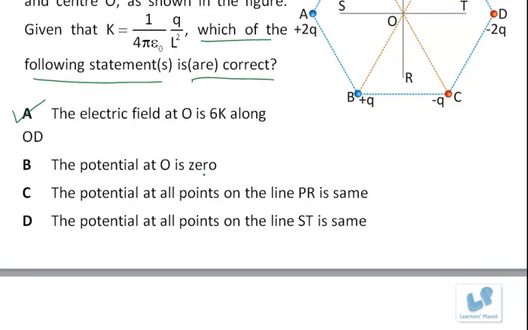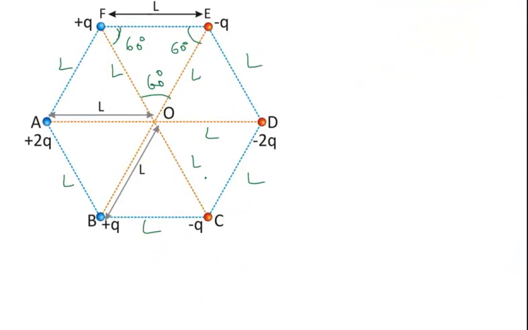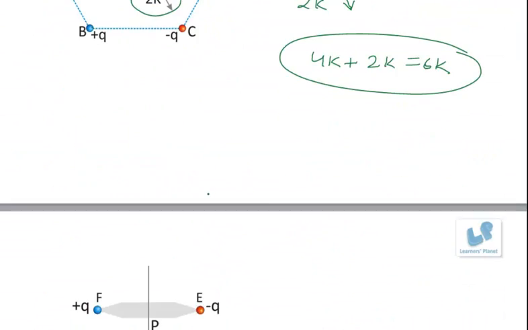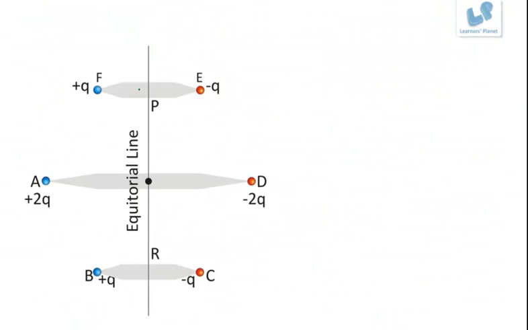The potential at O is 0. Now we have to study that. This is actually a regular hexagon, but if you only take the set of charges at F and E, it becomes a dipole.